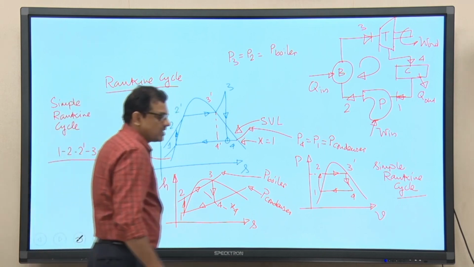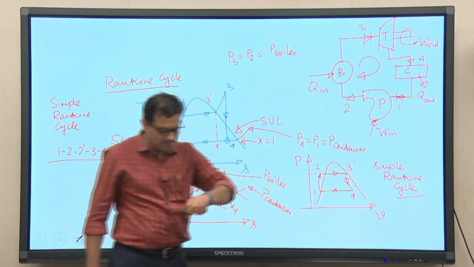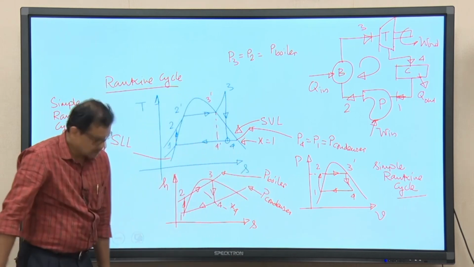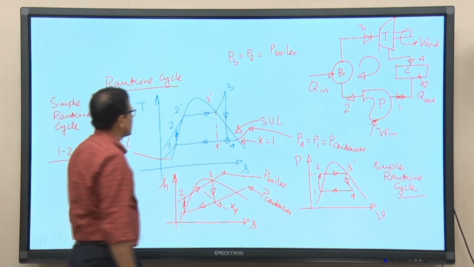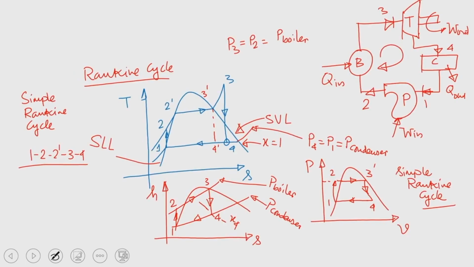So, again what we need to do is go for the mathematical quantification of the efficiency. You can understand that process 1 to 2 is reversible adiabatic pumping.